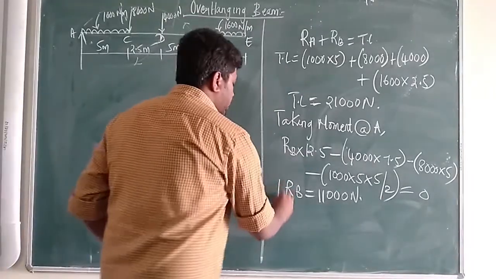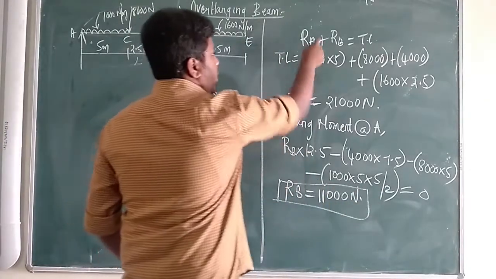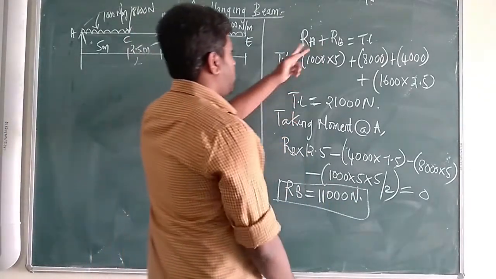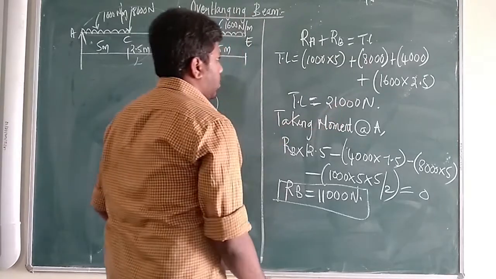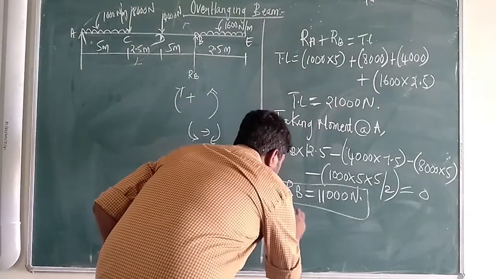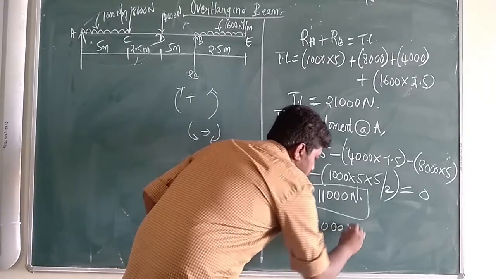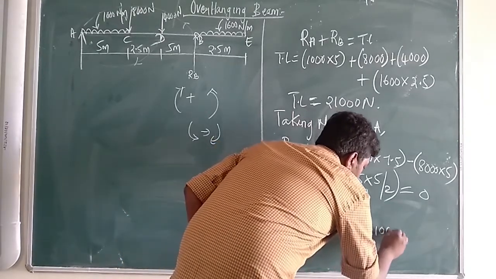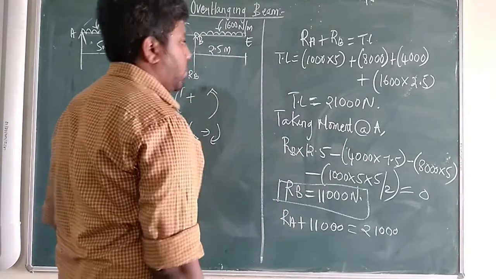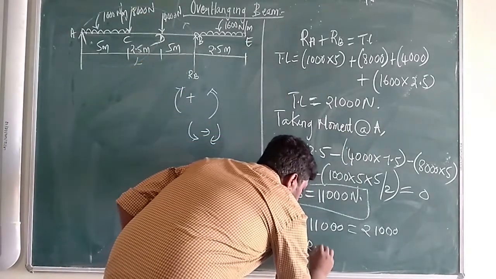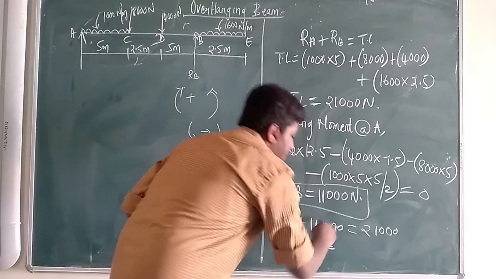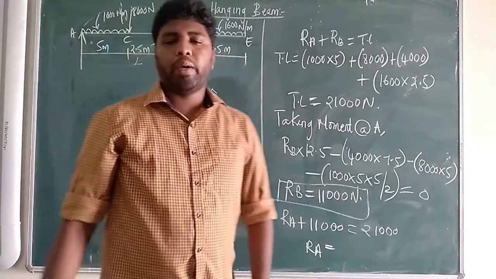So now substitute this RB in this equation. Okay, so what is total load? That is 21,000. So RA plus 11,000 is equal to 21,000. So what is RA? If you take this 11,000 to the other side, it will become minus.